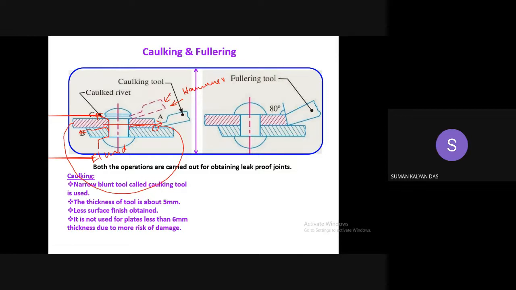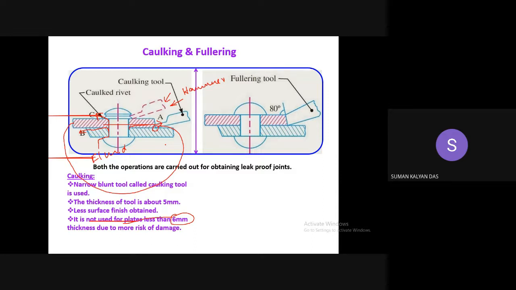That may be a weak point in the plate through which the leak can occur or the plate joint can fail. So in order to avoid that, caulking is not used in plates less than 6 mm.